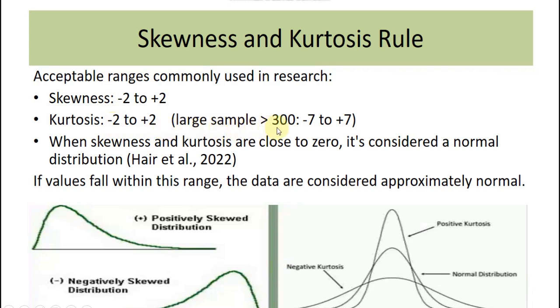If our sample size is more than 300, and you get kurtosis more than 2, we can still take -2 and +2 as the acceptable range. Anyway, the closer our skewness and kurtosis values are to 0, the better the normality.